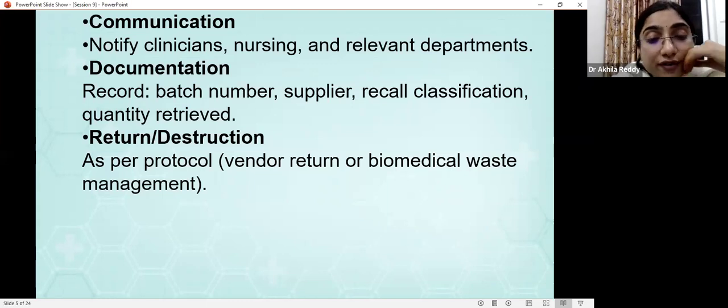If the vendor is not willing to take it back, then it should be discarded in biomedical waste management in a detailed way along with the quantity. And you must get the condemnation certificate from the biomedical waste along with the quantity. This paracetamol caused reactions in 20 patients, so we are discarding this medication.